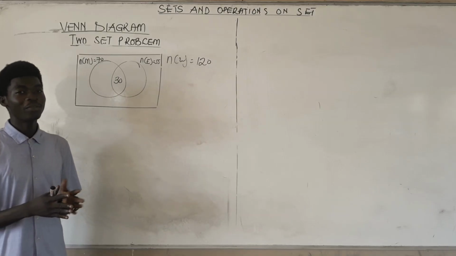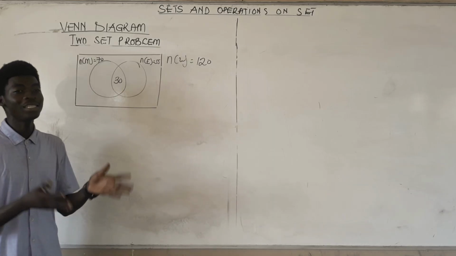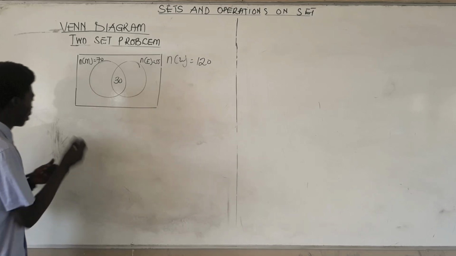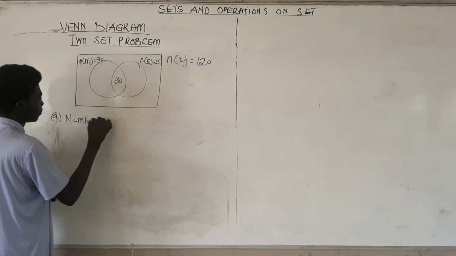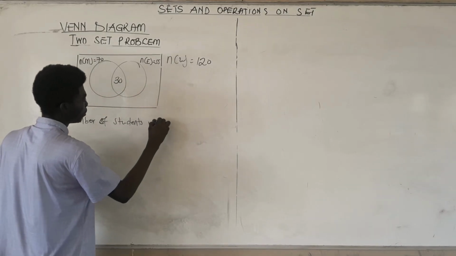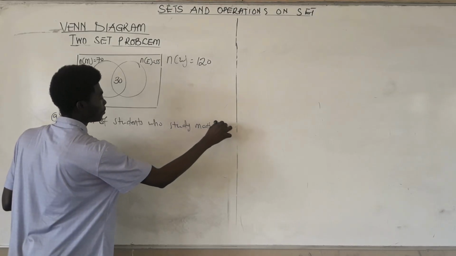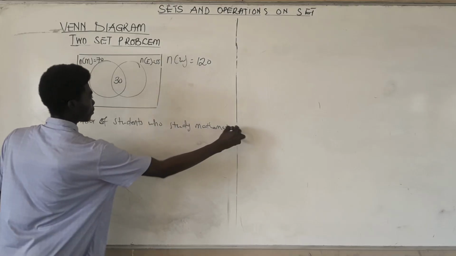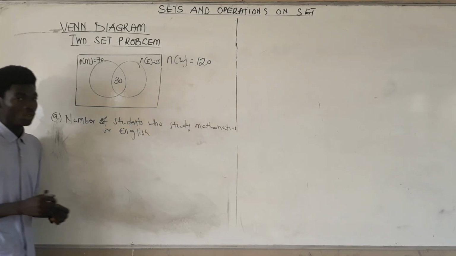So now let's solve the first question. The first question is saying the number of students who study mathematics or English. In other words, the number of students who study at least one of these subjects. So we use the formula here.